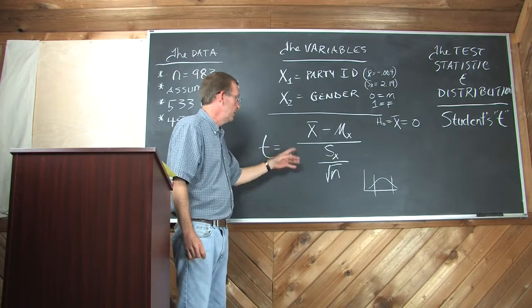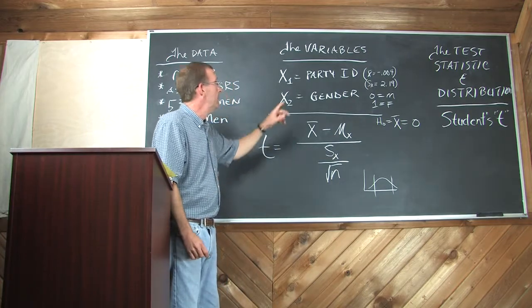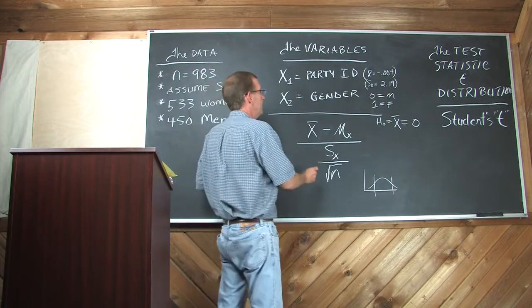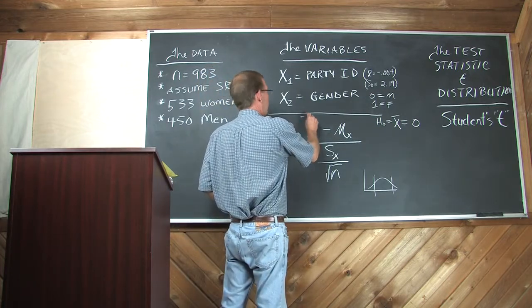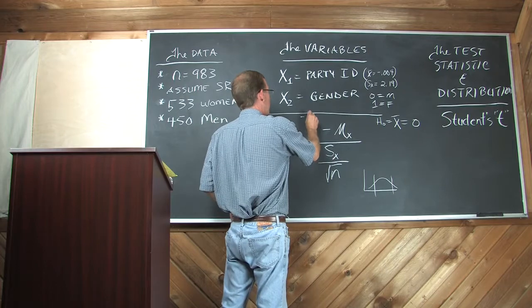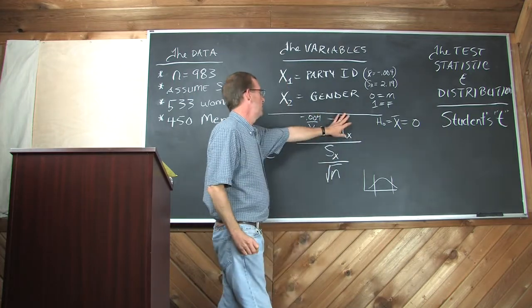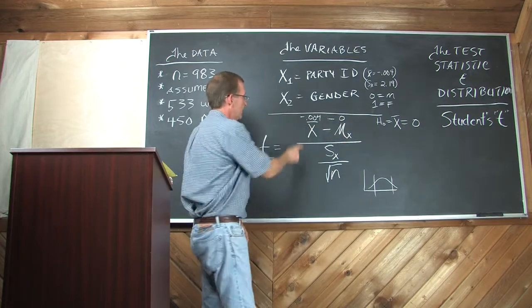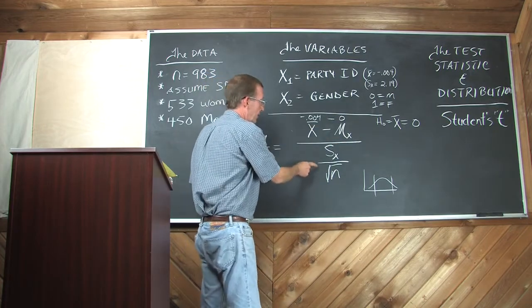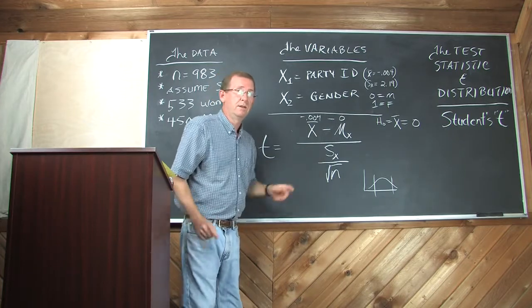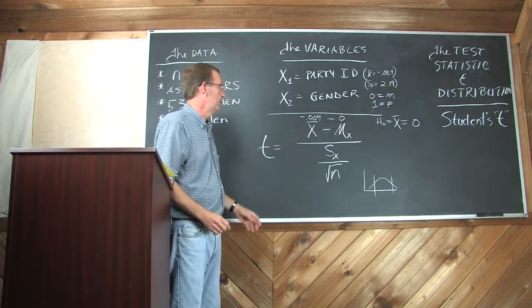Let's actually do the math here really quickly. I want you to do it. The mean of x is very near 0, minus 0.004, minus 0, and that term just leaves us, and we're looking at this ratio, the ratio of x bar to its standard deviation divided by the square root of the sample size.